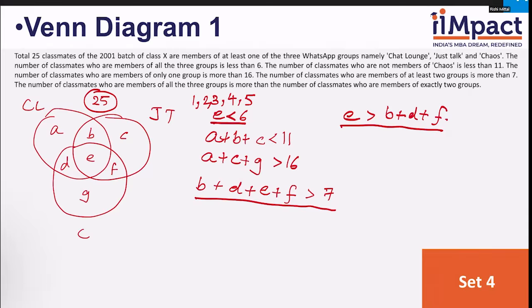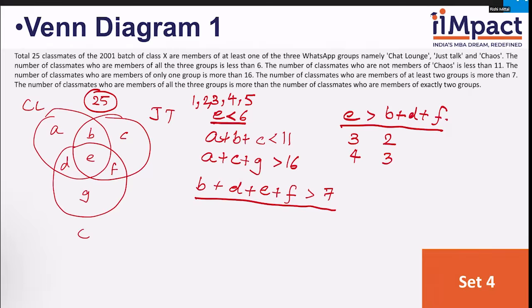Let's just take cases. If E is 3, B plus D plus F can maximum be 2, and this sum is less than 7, so this is not possible. If E is 4, these can be maximum 3, because E is greater than B plus D plus F. But again, the sum of those is not greater than 7. So I know for a fact that E is equal to 5. I hope that is established.